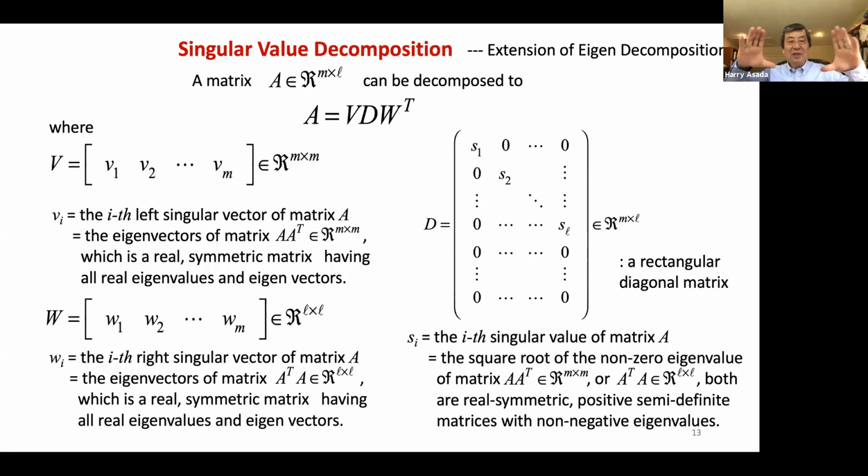We end up with the cross correlation matrix, right? That's basically not a square matrix. Turns out it is a rectangular matrix. And then we can apply this, and then we can find the V and the W, and those are the ones that we're looking for.